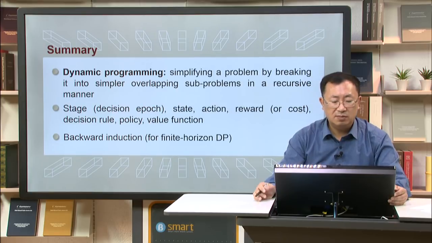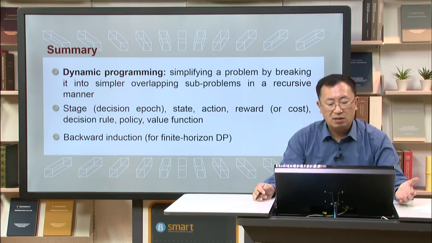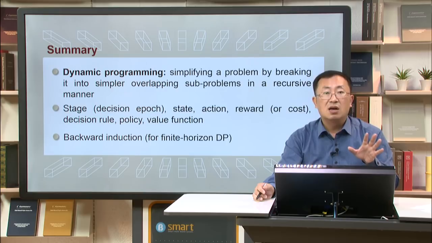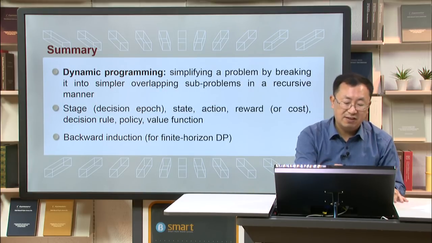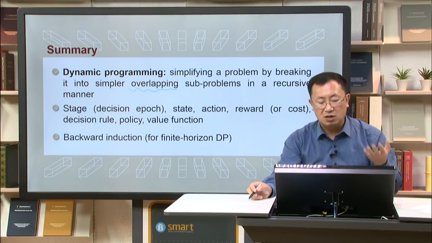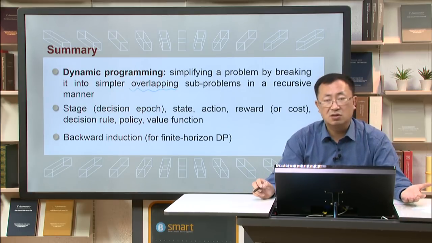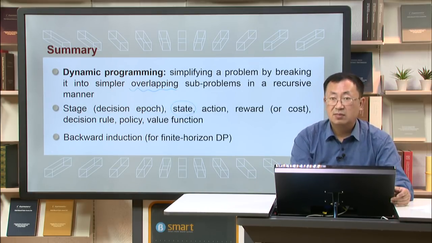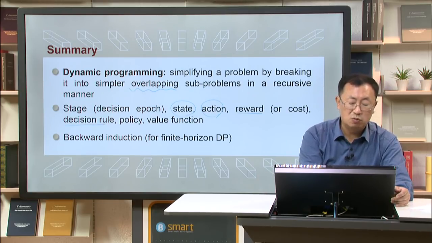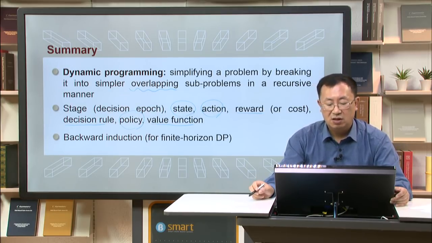All right, so I'd like to briefly wrap up what we've discussed in this session. Dynamic programming simplifies a problem by breaking it into simpler overlapping subproblems, represented in a recursive manner. We talked about the stage or decision epoch, state, action, reward or cost, the decision rule and the policy, and the value functions.